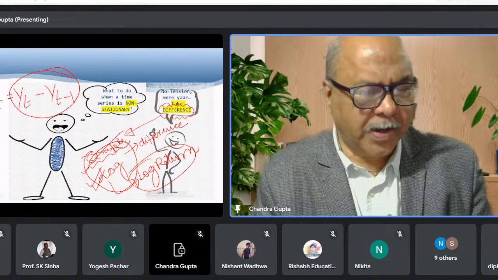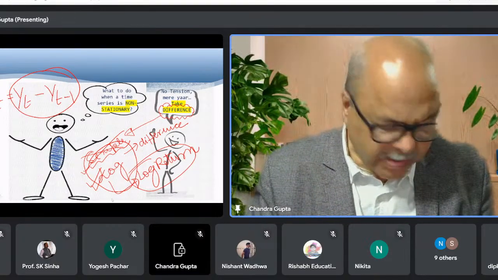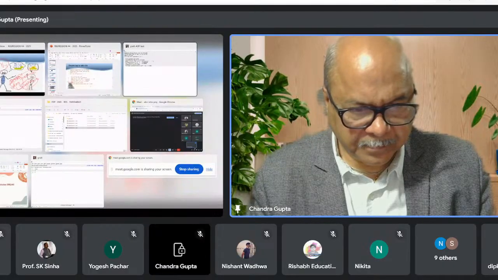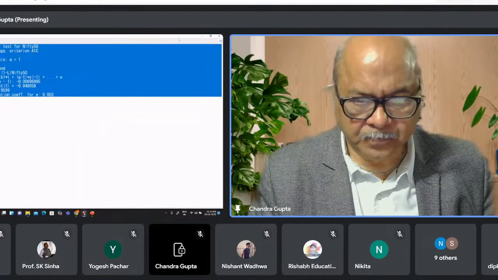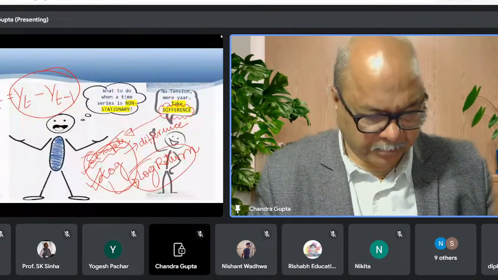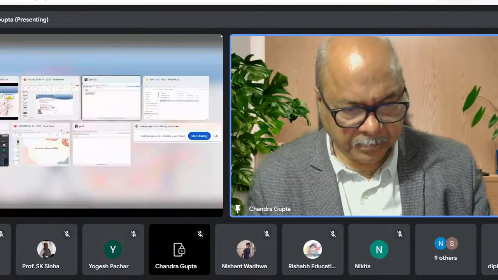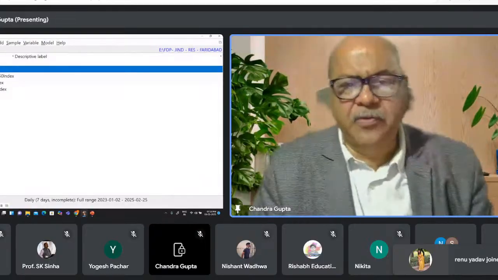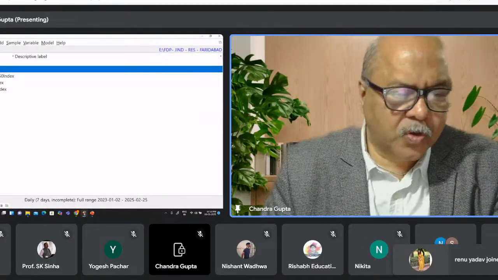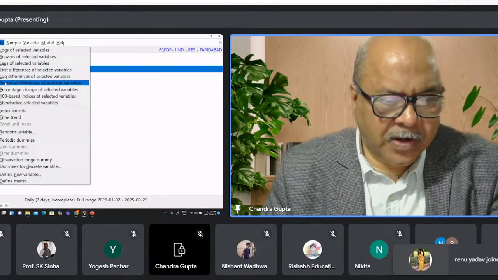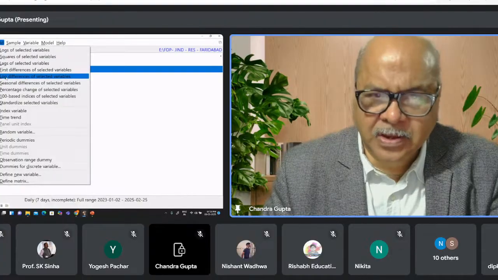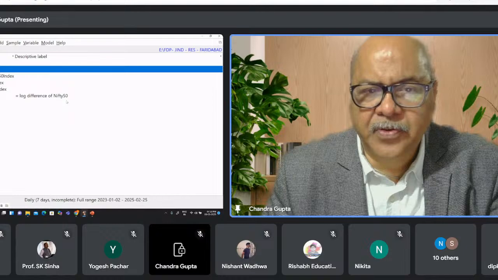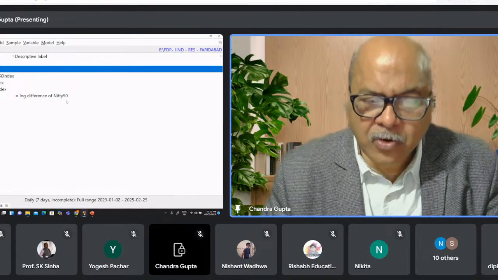And how do we do it in Gretl? Let's have a look at it. It is very simple in Gretl. I want to take the log difference of Nifty 50. So go to add, log differences of selected variables, log difference of Nifty 50. I got it.